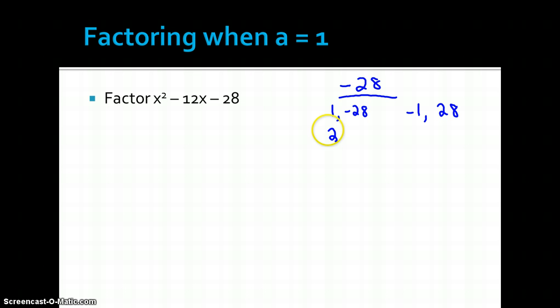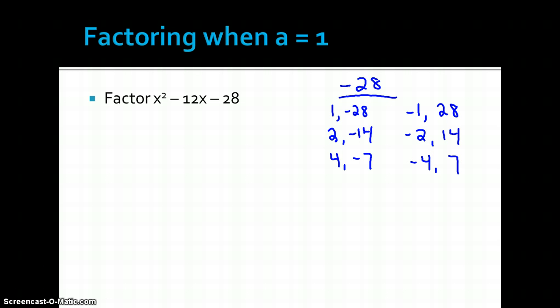I have 2 and negative 14, and I have negative 2 and positive 14. 3 isn't a factor of 28. I have 4 and negative 7, and I also have negative 4 and positive 7.